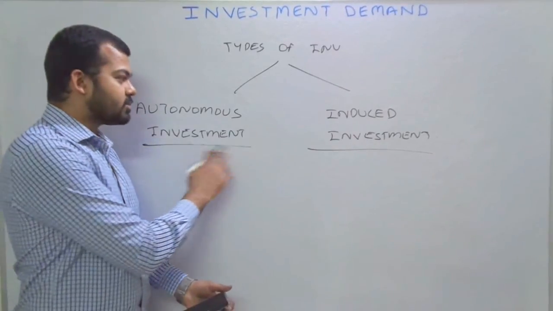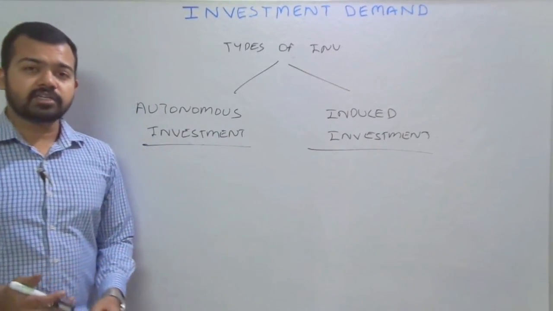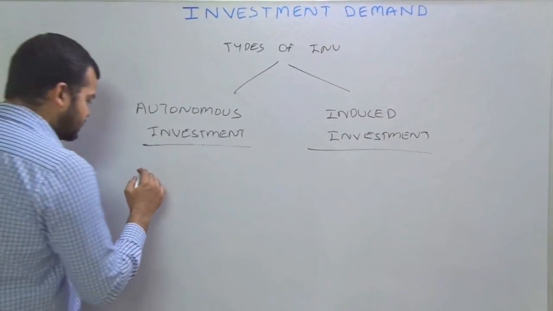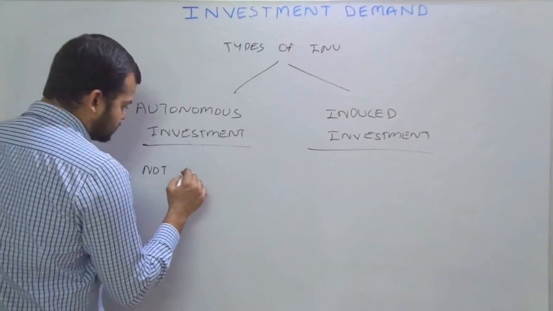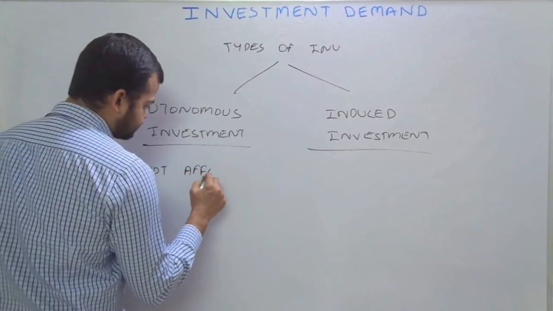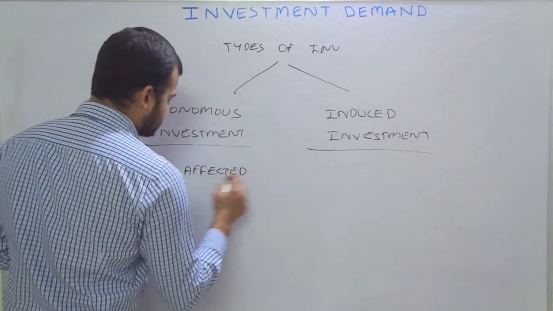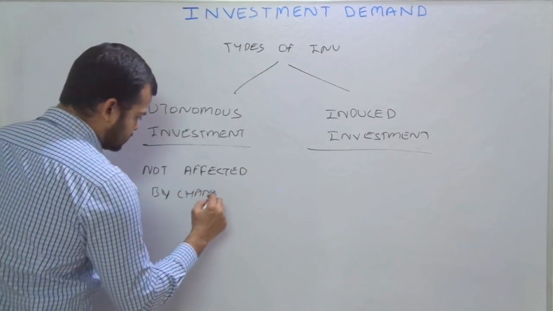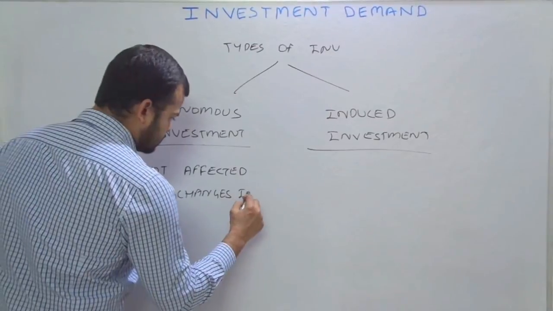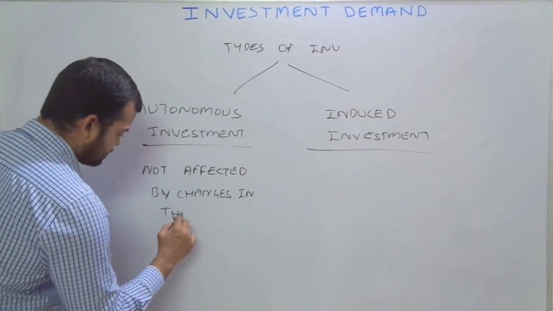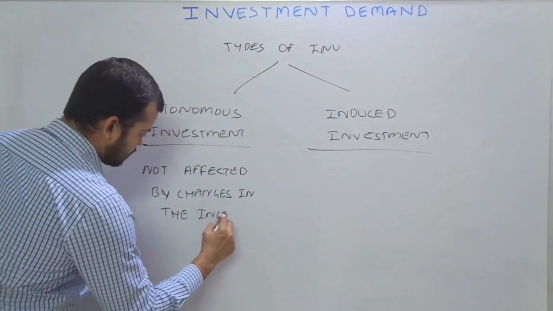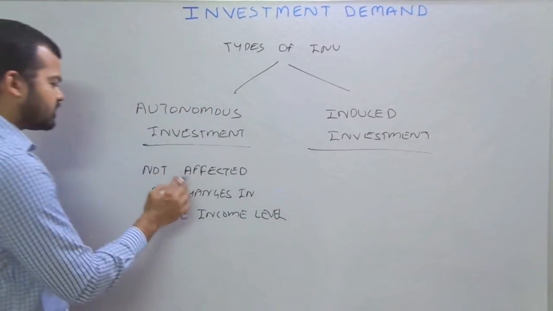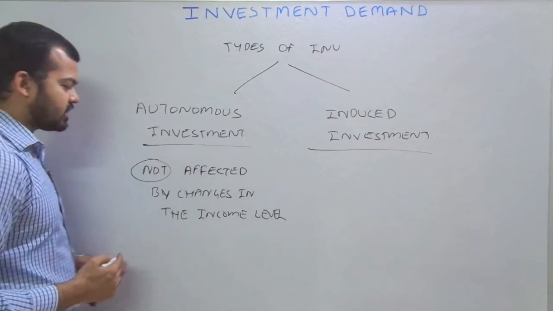If autonomous investment changes, it doesn't mean it is affected by changes in the level of income. So here we can write: not affected by changes in the income level.